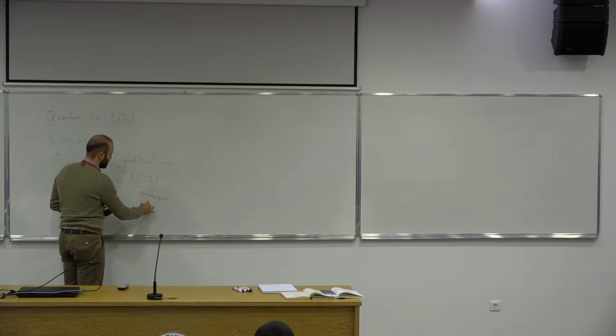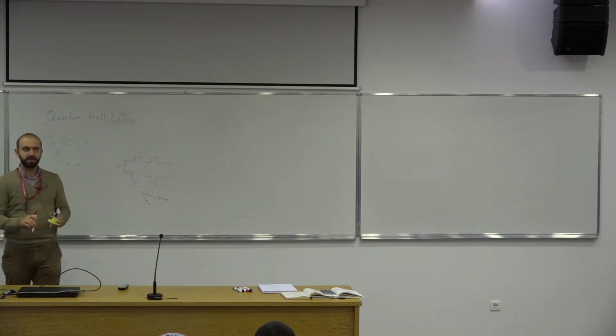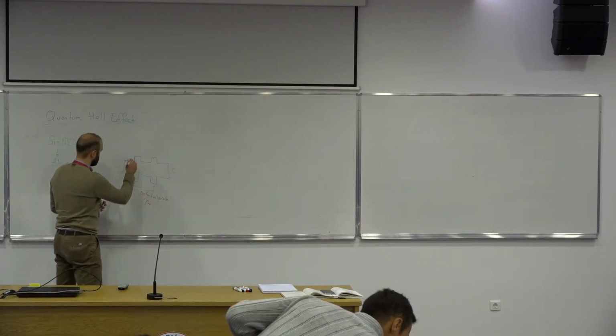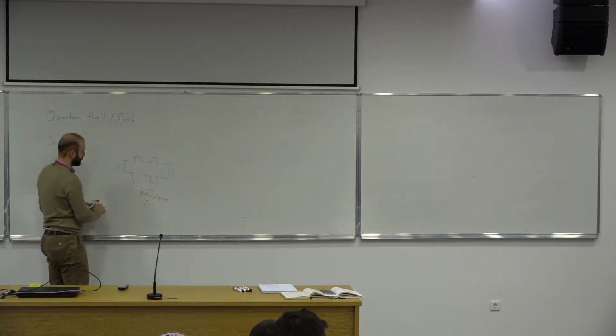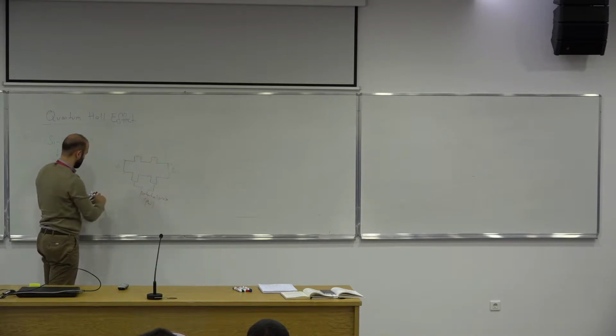We denote the resistance we measure through these terminals as rho XX. And we also had another probe here where we measure from these two terminals, or these two, it really doesn't matter. Rho XY, and this was the Hall probe.